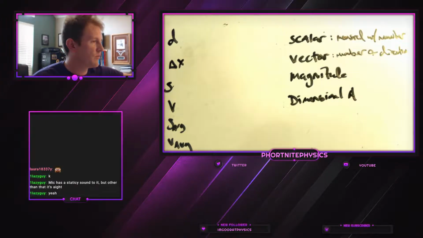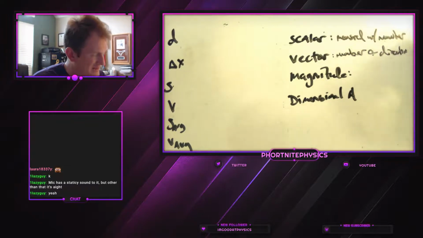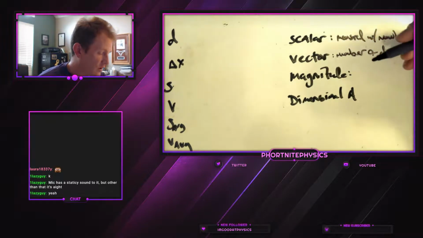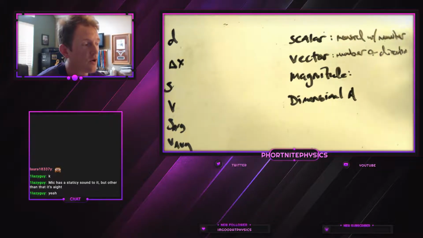All right, so measured with a number and direction, that's our vector. Now the magnitude, that is the size of your vector, the length of the arrow, the reading on your speedometer, whatever. Those are your magnitudes. They are the actual indication of how large or how big the value of it is.